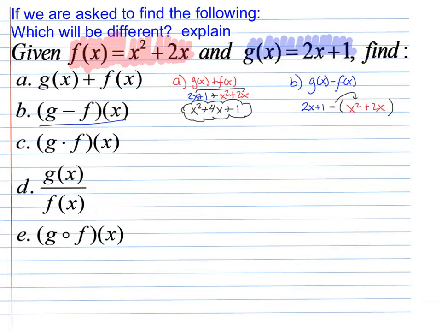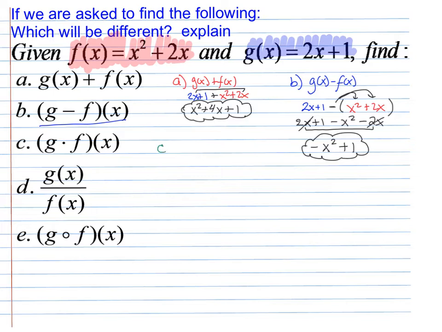You're going to distribute that negative, and you're going to get 2x plus 1 minus x squared minus 2x. You're going to combine your like terms. Those cancel, and you're going to write it in standard form. So this should be negative x squared plus 1.